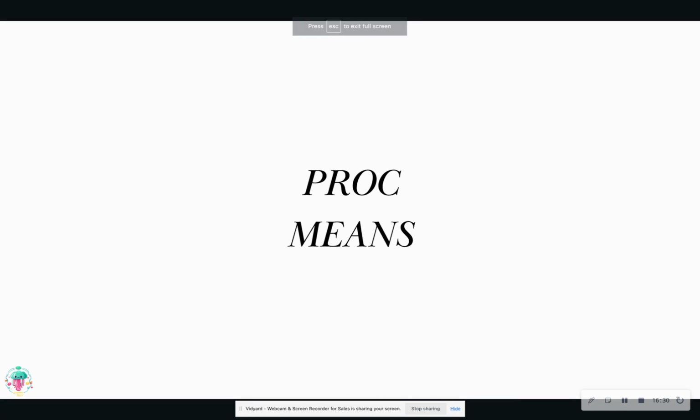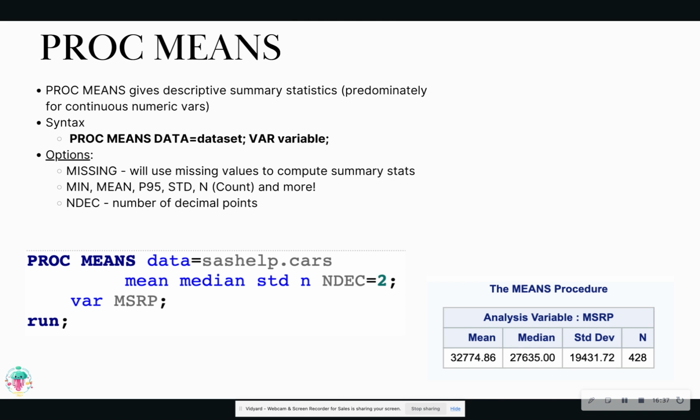And our next procedure is going to be one of my favorite procedures. If you're doing any type of data exploration, you want to get statistical summaries. You need to know the mean, the median, the standard deviation, how many observations exist within the data set, quantiles, percentiles, confidence levels, confidence limits.